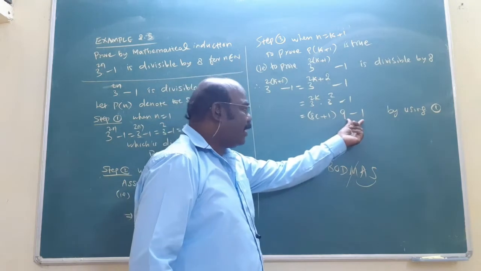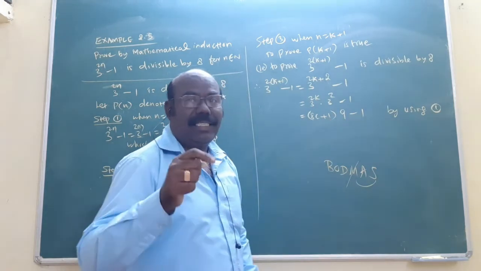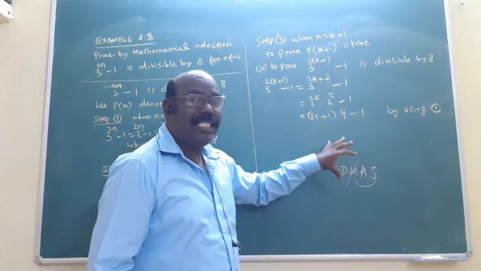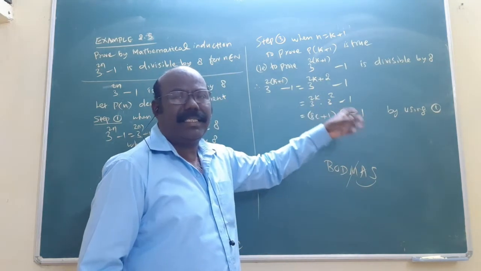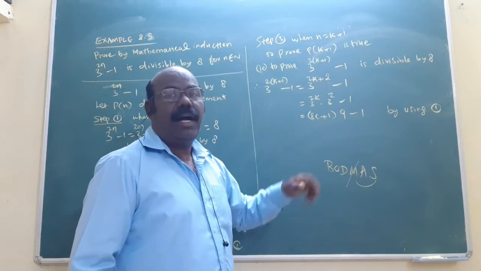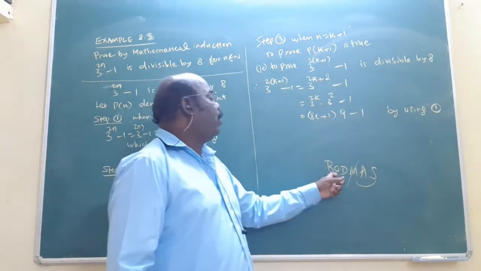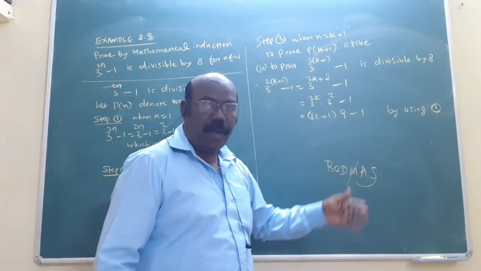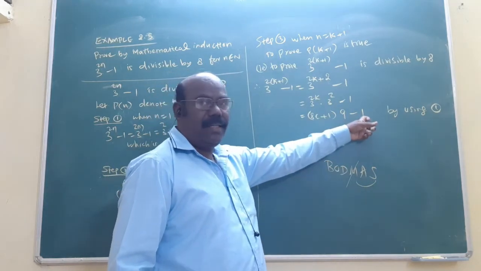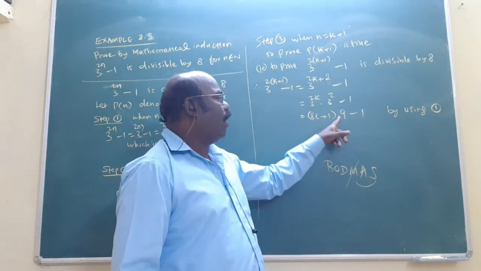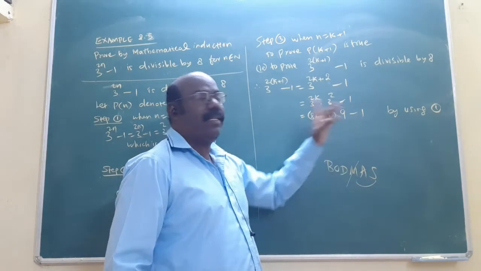Suppose you subtract first and then multiply, a wrong answer will come. Therefore, in one problem, multiplication, division, addition, etc. all the symbols are involved, and by using this idea you calculate one by one. That's why here multiplication is there, subtraction is there; first you multiply, then only subtract.